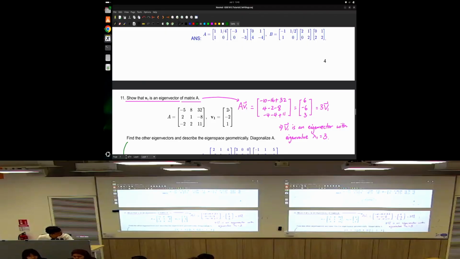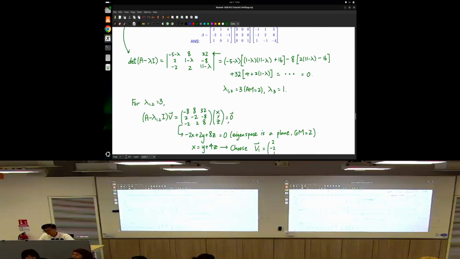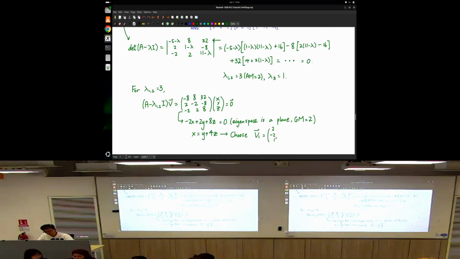Whether you want to use V1 or not is up to your choice. But since it's given, I might as well use it. You might observe that 2, minus 2, 1 exactly satisfies this, because if y is minus 2 and z is 1, then minus 2 plus 4 makes x equal 2. So I can just choose V1 to be the given eigenvector.